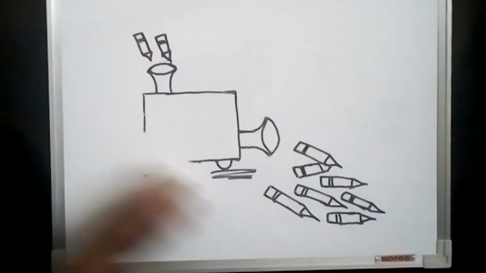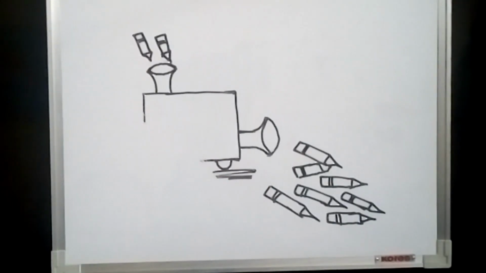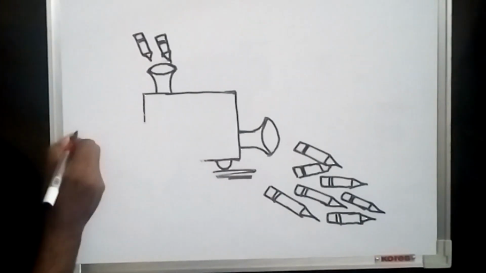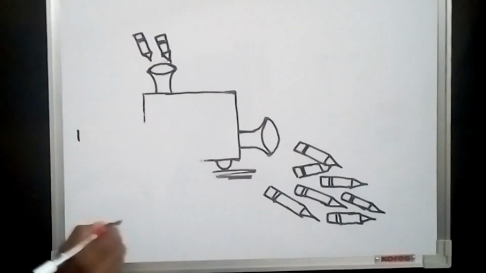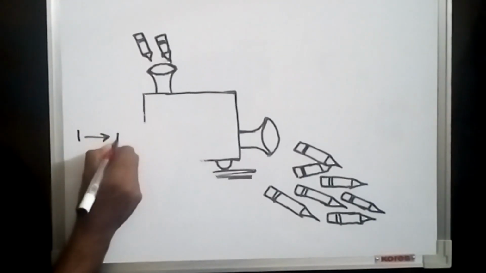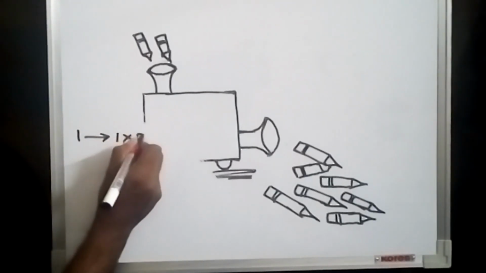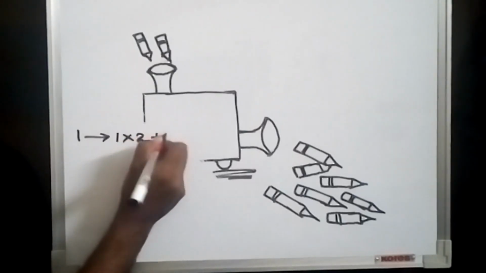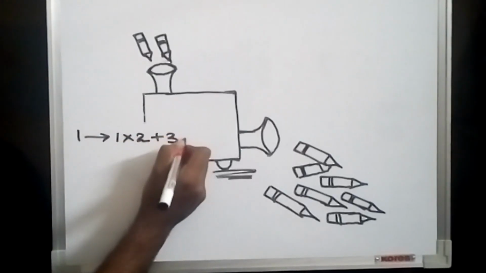Thus, if I put 1 into this machine, the machine will multiply it, 1 into 2 doubles, and 3 is added. That is equal to 5.